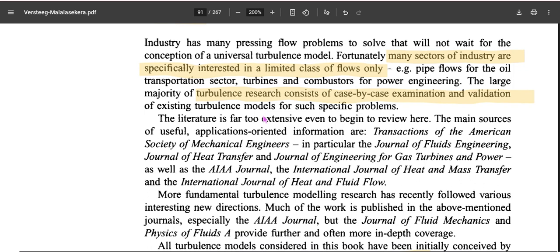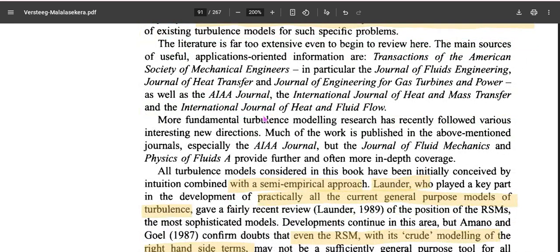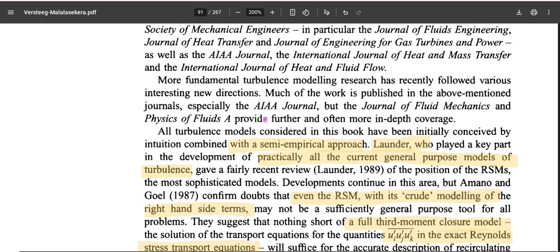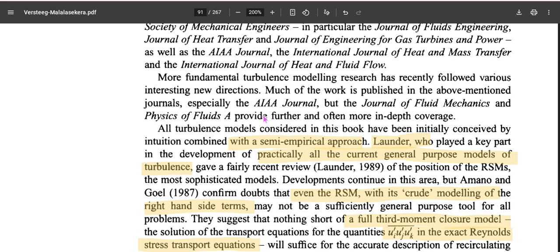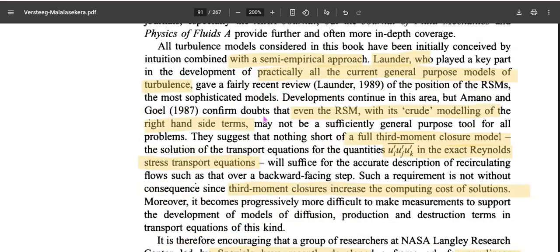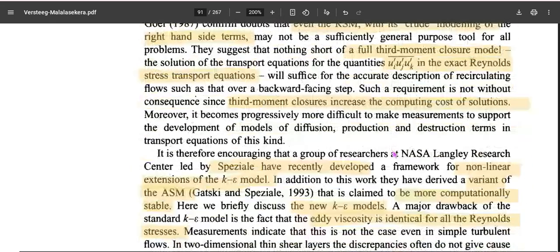Despite that, there were many attempts to make general purpose models, but unfortunately bringing up a general purpose model like the Reynolds stress model brings additional closure terms. For example, developing a Reynolds stress model brings additional terms like a third order moment, and this brings an additional empirical necessity to close the Reynolds stress models.